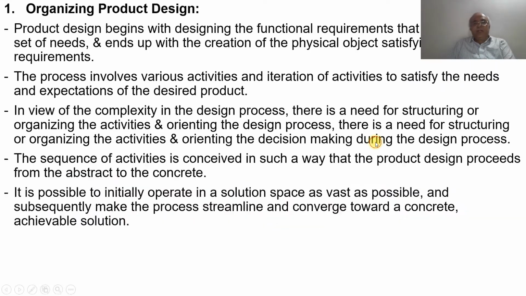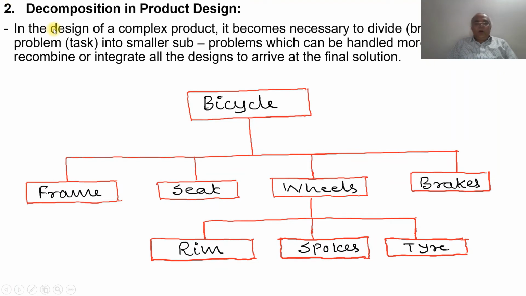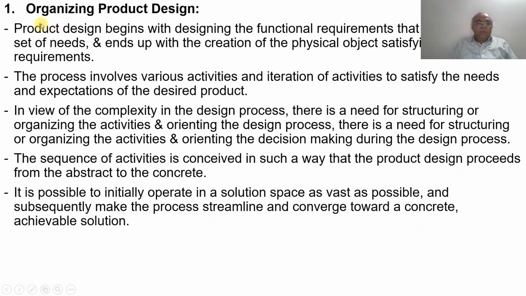First, we are going to consider organizing product design. Product design begins with designing the functional requirements that satisfy a given set of needs and ends up with the creation of the physical object satisfying these requirements.